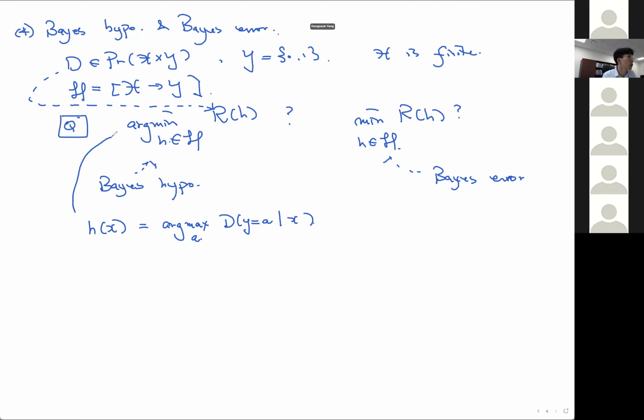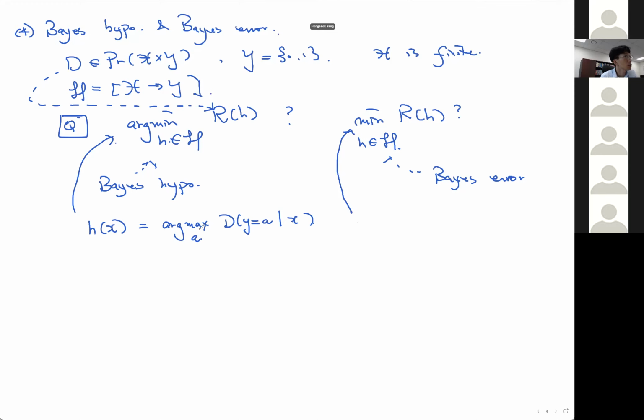And it turns out this one actually minimizes the risk. If you just sit down and think a little bit, that's not very difficult to see. Another way to see why that is the case is to look at the error. This Bayes error is the one that's achieved by this Bayes hypothesis.